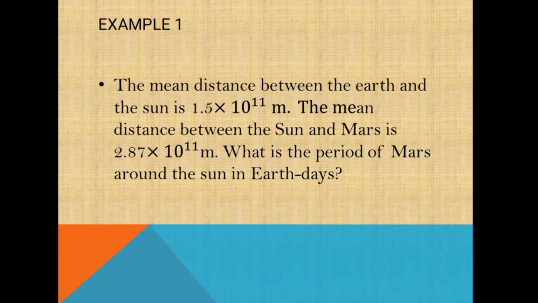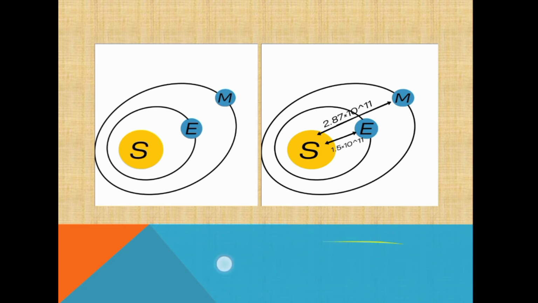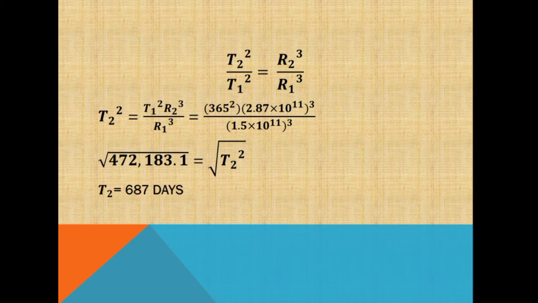Based on the problem, the question is, what is the period of Mars around the Sun in Earth days? So it means we are going to look for T squared. Here is the equation for Kepler's third law of motion: T2 squared over T1 squared is equal to R2 cubed over R1 cubed. So this is what we will do.